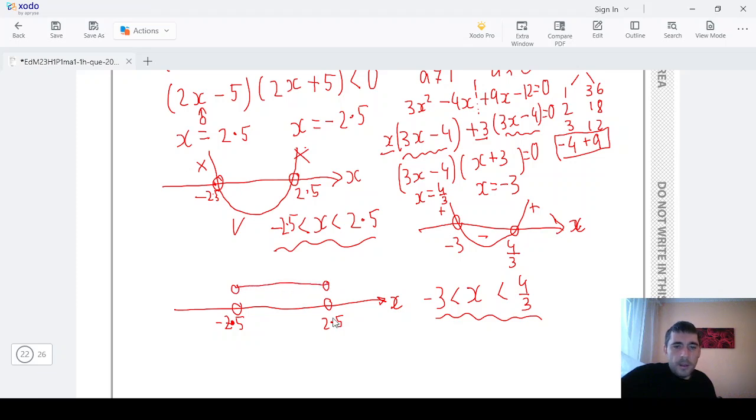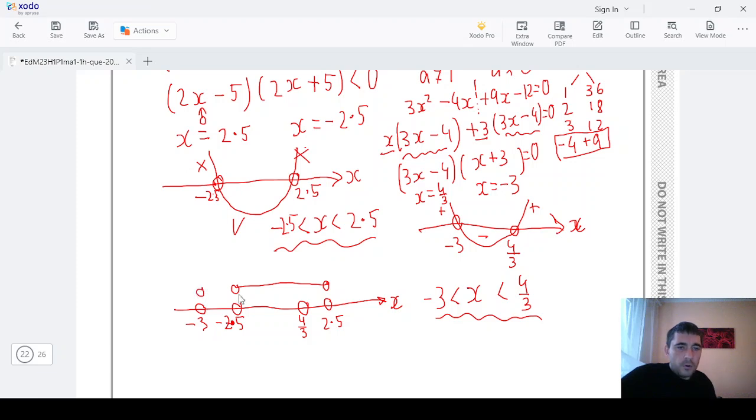I will plot the second inequality. The second inequality has points between -3 and 4/3. It doesn't have to be to scale, and I know that 4/3 is in this region, so I'll just plot it anywhere.